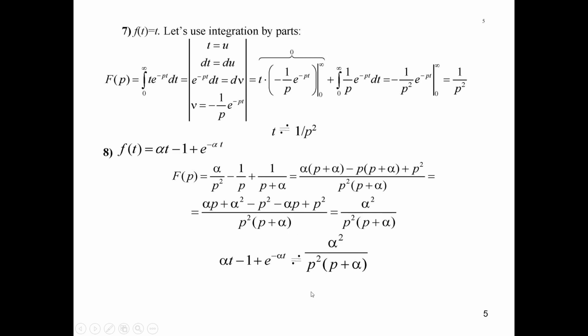This way we can write down that the operational image of this function, it's equal with these dots. It means that they are not equal, but it's a function of time, and its operational image will be equal to this expression.